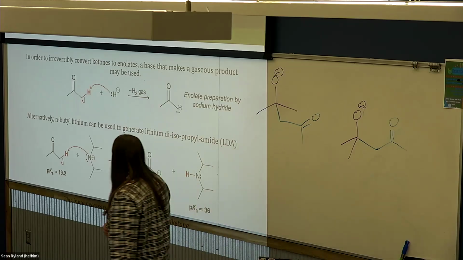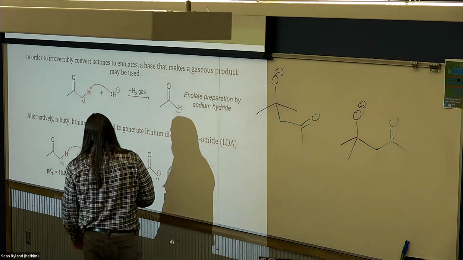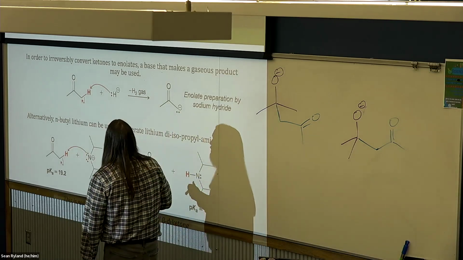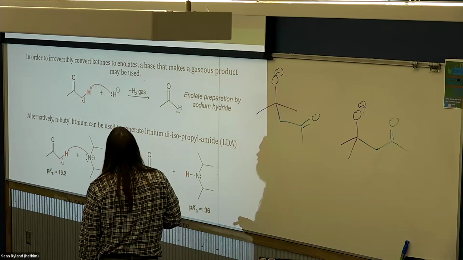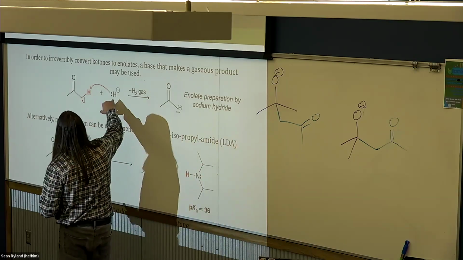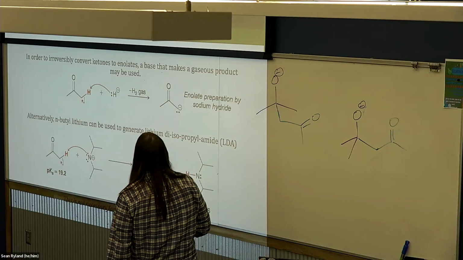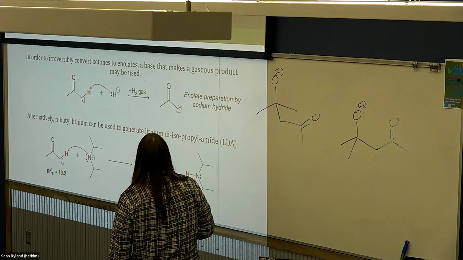So if we want to make an enolate in a way that's not going to make these other side products and is not going to be reversible, we just have to use a base that is going to give us a gaseous byproduct.